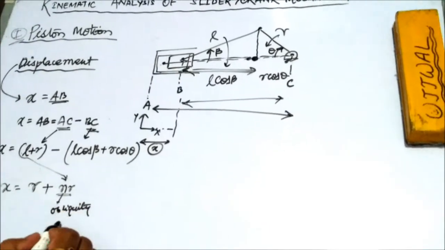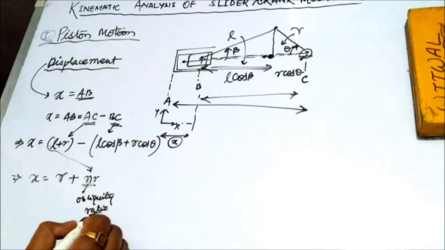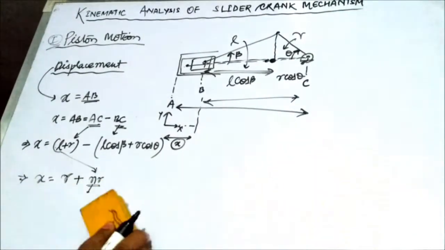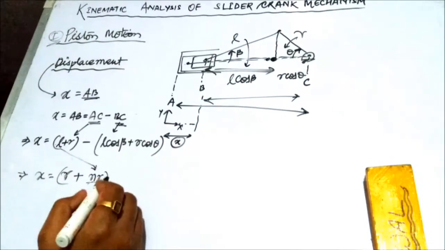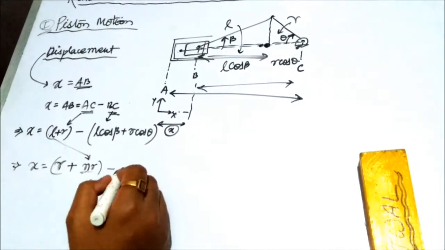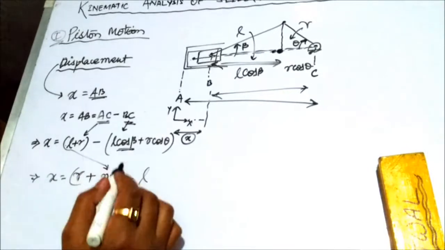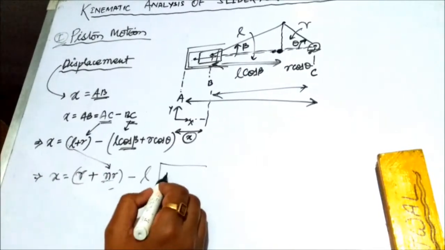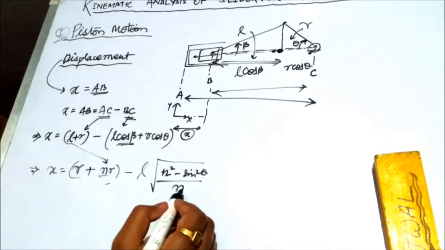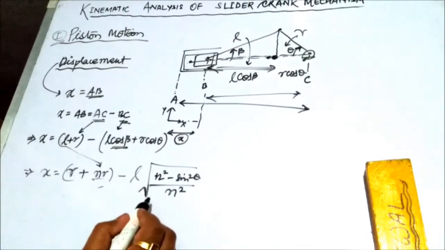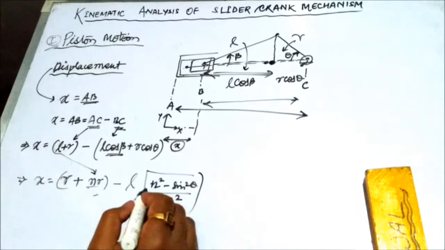Okay. Now R plus nR minus L cos beta. Cos beta will be equal to, we have found, root under n square minus sin square theta divided by n square. We have taken n inside the root, so we have taken n square. Now plus R cos theta.